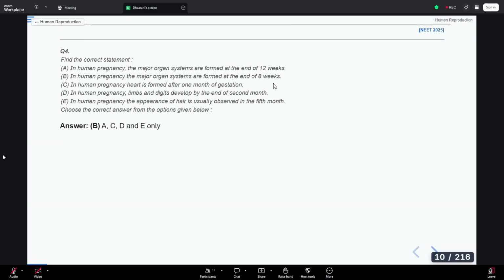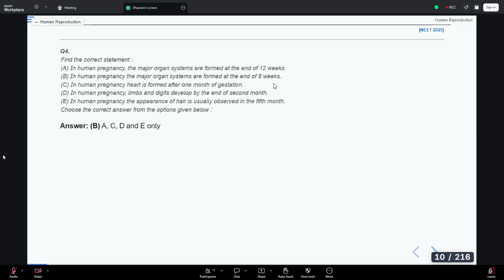In the third month, means 9 to 12 weeks, all the major organ systems will be fully developed and your external genital organs also will be visible. And in your fourth month, means 13 to 16 weeks, there will be a rapid growth and you can see the bones. Like if you do an ultrasound, then you can see the bones distinctively.